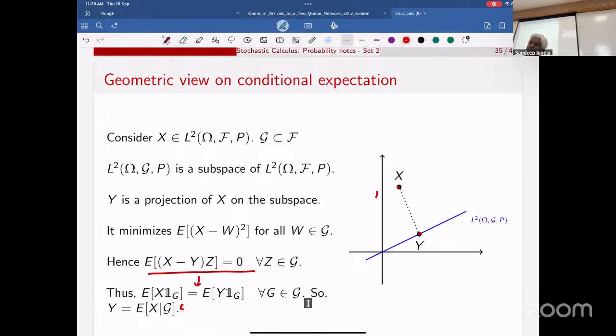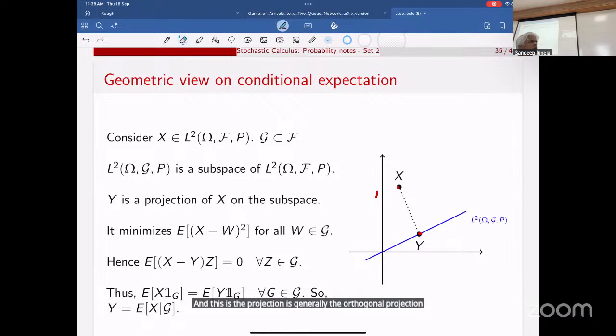I've just specialized these to be indicator functions. So this Y is indeed G measurable and it integrates like X on the sets G. And the projection is specifically the orthogonal projection onto the subspace, not any other kind. With orthogonal, it's a well-defined idea, right? So it's a Hilbert space.